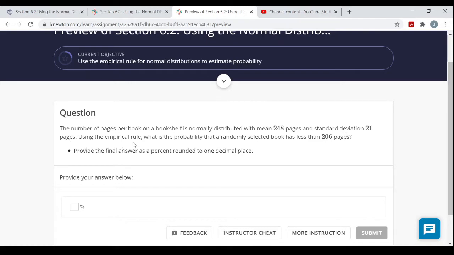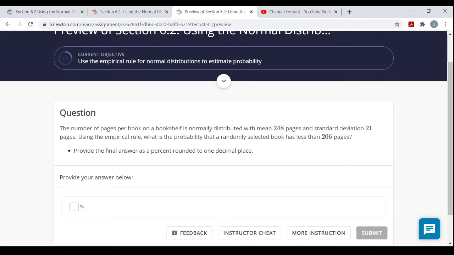All right, so using the empirical rule, what is the probability that a randomly selected book has less than 206 pages on this bookshelf? And provide the final answer as a percent rounded to 1 decimal place. All right, so the nearest tenth of a percent.